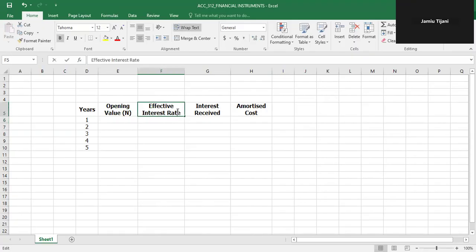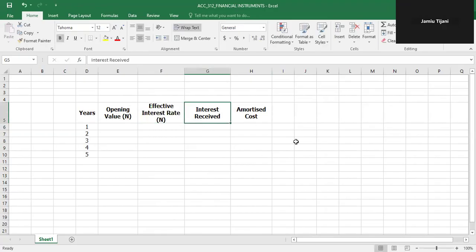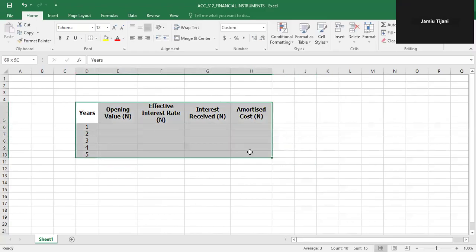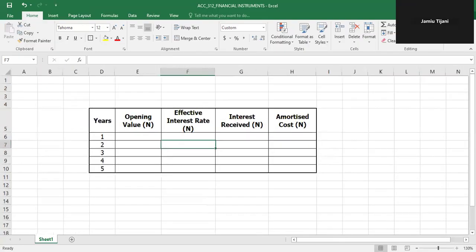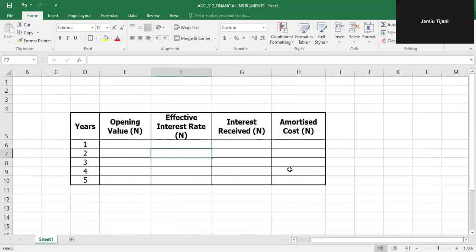Naira will also come here. Let me put all of this in one single jacket, and zoom in so we can see more clearly.